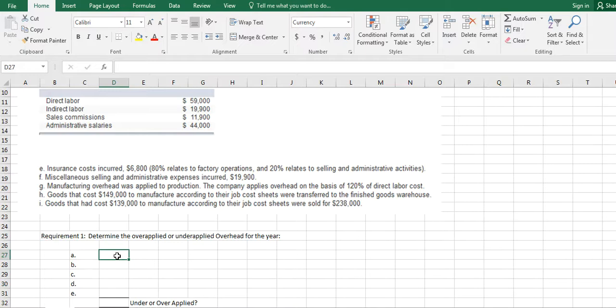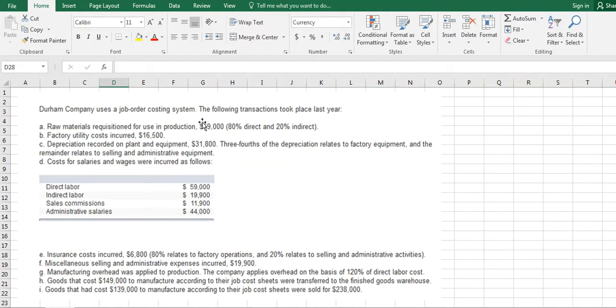If we did the math on that 20% of indirect, it's $11,800. And that's just the indirect portion of that. So of the $59,000 of raw materials that they've requisitioned and used, they have charged 20% of that to indirect cost, or allocated.